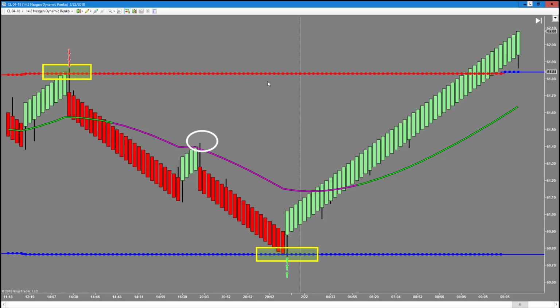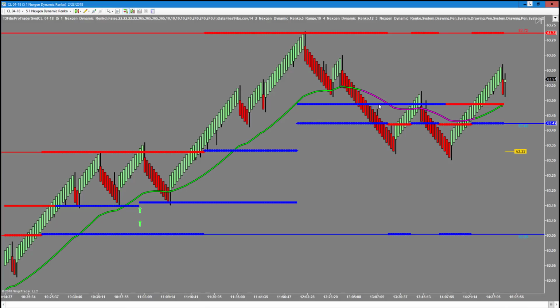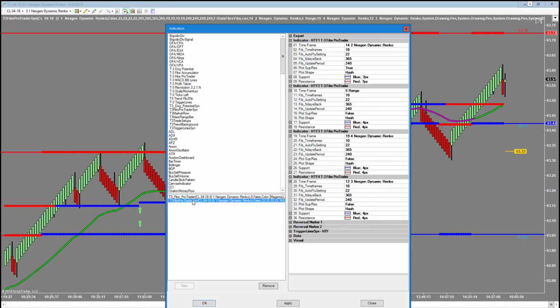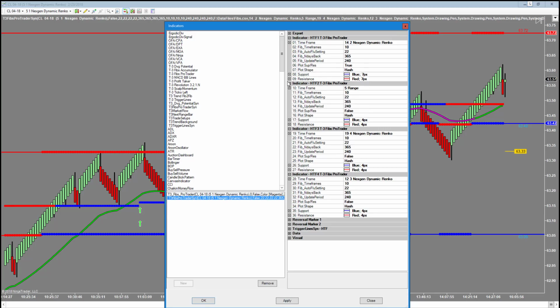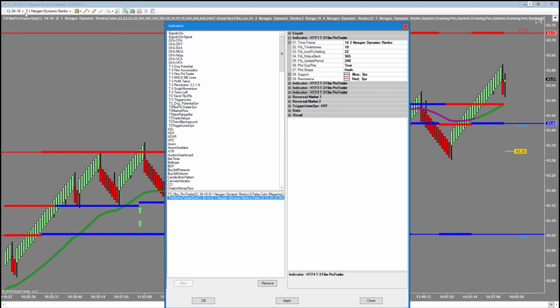There's one more small piece that we'll be doing. We have an extra indicator called our T3 Fibs Pro Trader Synthetic. And what this indicator will do is allow us, on a smaller chart, such as a 5-1 dynamic Renko bar, to plot Fibonacci support and resistance lines from other charts.